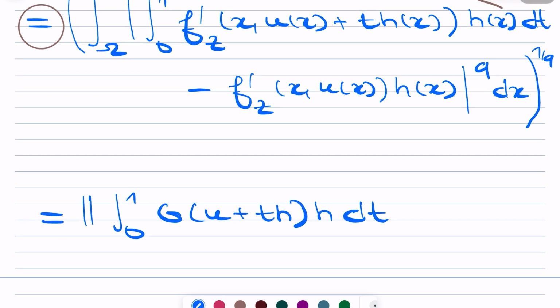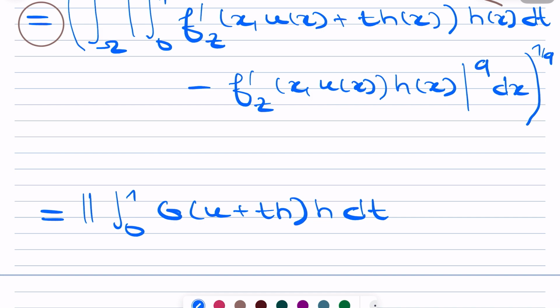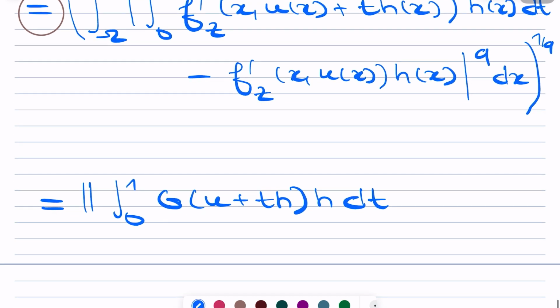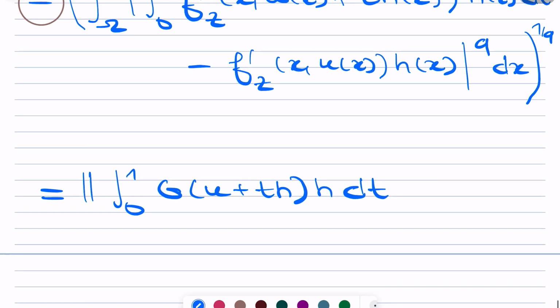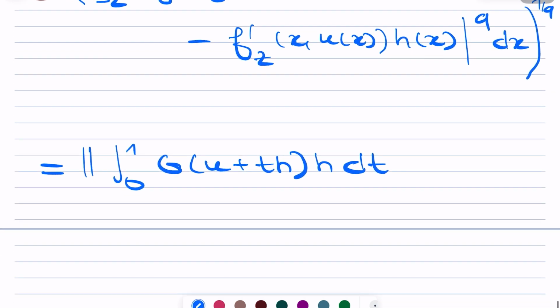I just replace f prime of z at x, comma ux plus th of x times h of x, by g of u plus th, applied to h dt. This is only about replacing things by their value, times h. So this is the norm of this in LQ.